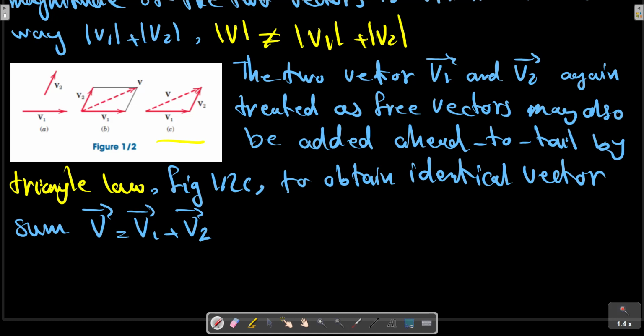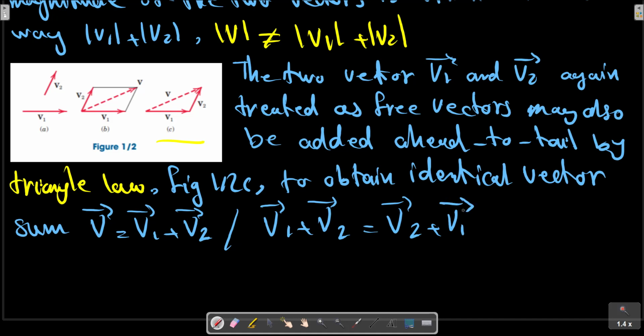We see from the diagram that the order of addition of vectors does not affect the sum, so v1 plus v2 equals v2 plus v1.